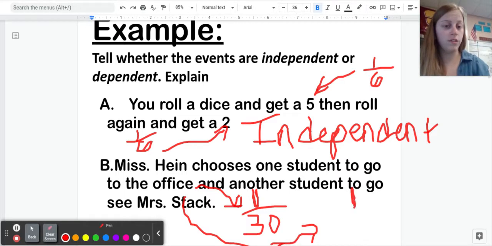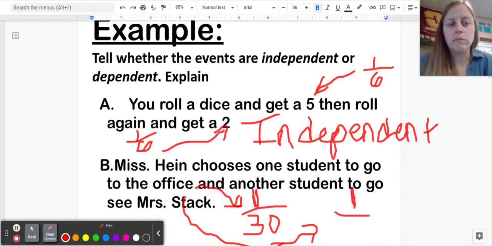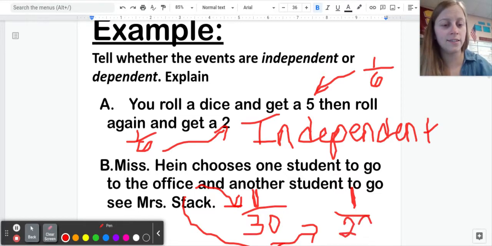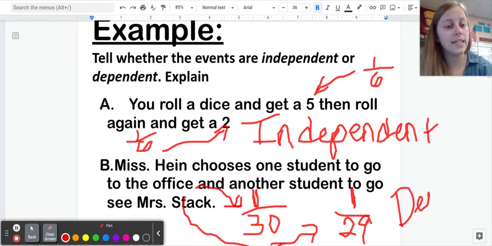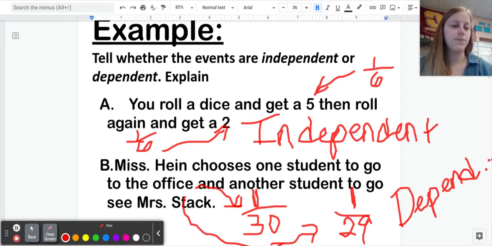Well, I lost a student in the office, so now I only have 29 students left. This would be considered a dependent event because the amount of people I had changed.